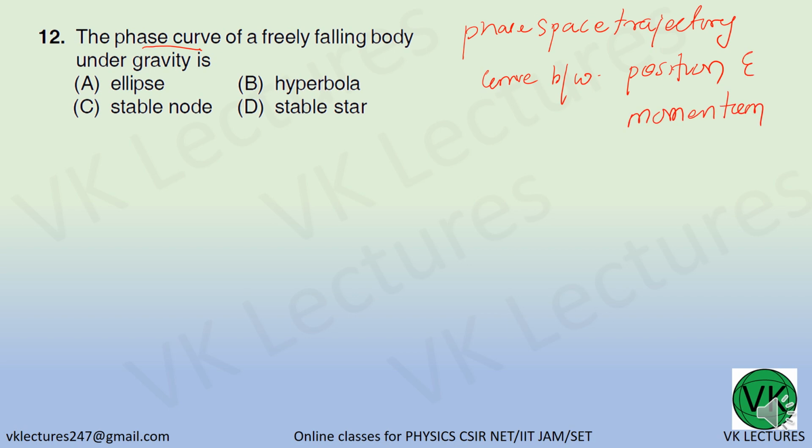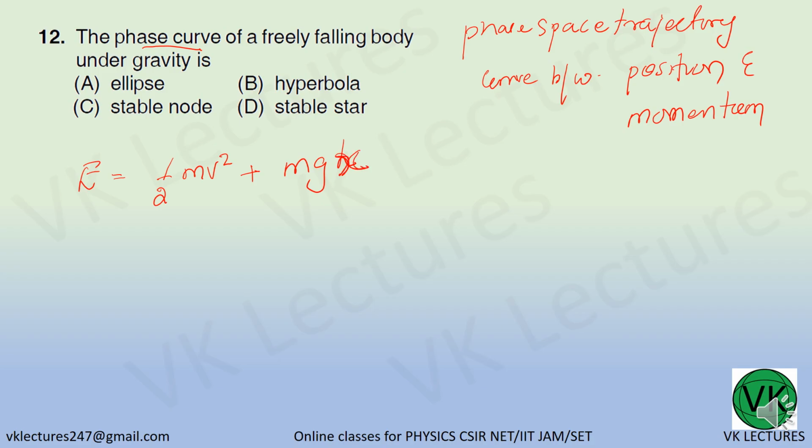Okay, so we had to find out how a freely falling body under gravity behaves. Now we can write the total energy of a freely falling body as half mv squared plus mgh, or you can write mgx.